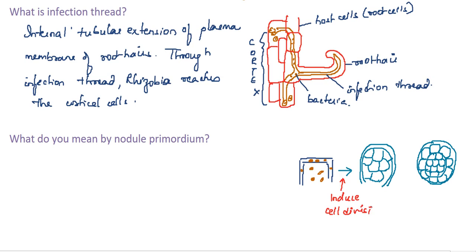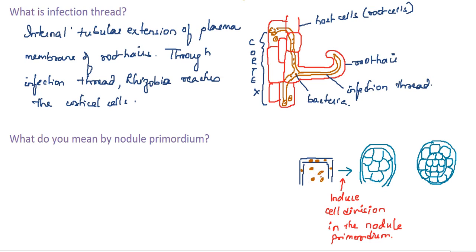Now this cell division, what will happen? It will induce cell division in the nodule primordium. So what is nodule primordium here? Where the bacterial cells are accumulated, this region will become nodule primordium because this is now going to form the nodule.